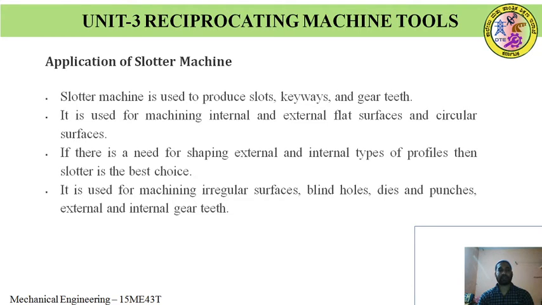It is used for machining irregular surfaces, as we have the table to clamp any kind of irregular surface, compared to the shaper, which has only a vice.